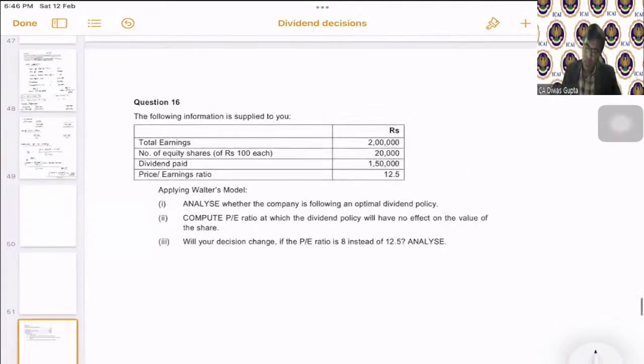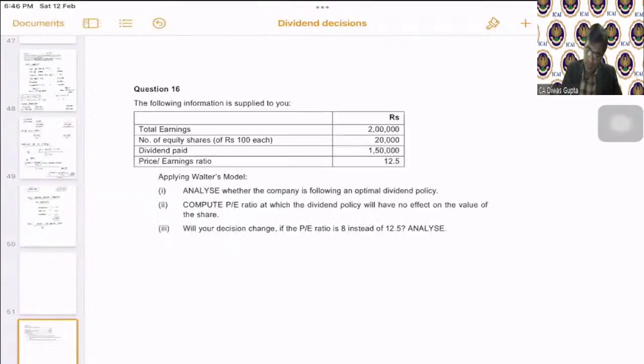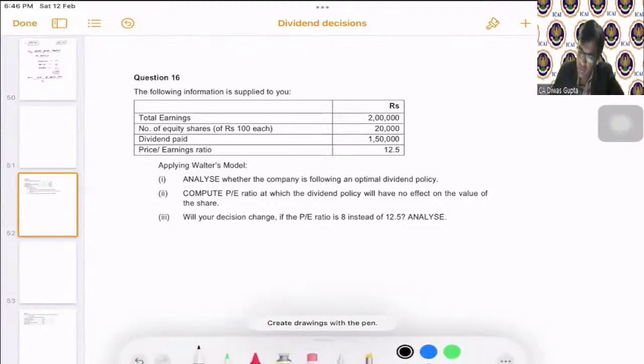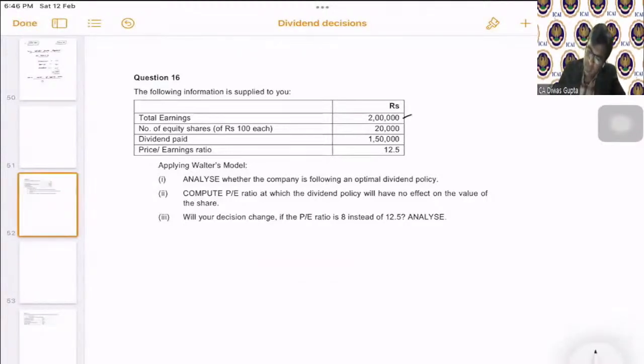Let us come to question number 16, students. The following information is supplied to you. The total earnings is 2 lakhs. Number of equity shares is 20,000. Dividend paid is 1,50,000.